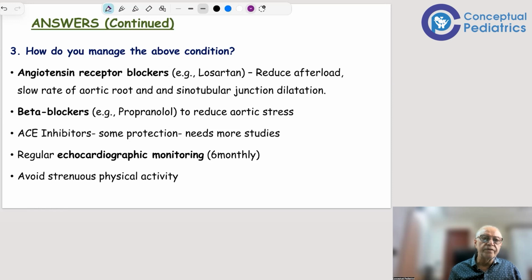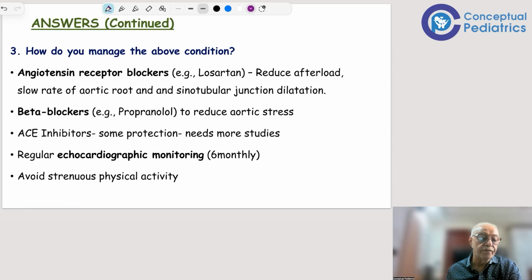Beta blockers reduce the aortic stress. These are the drugs, and for the ACE inhibitors, some protection is suggested, but more studies are needed. But yes, ARBs have been used, and beta blockers have been used in such patients. And of course, these patients need to be regularly monitored with echocardiography.